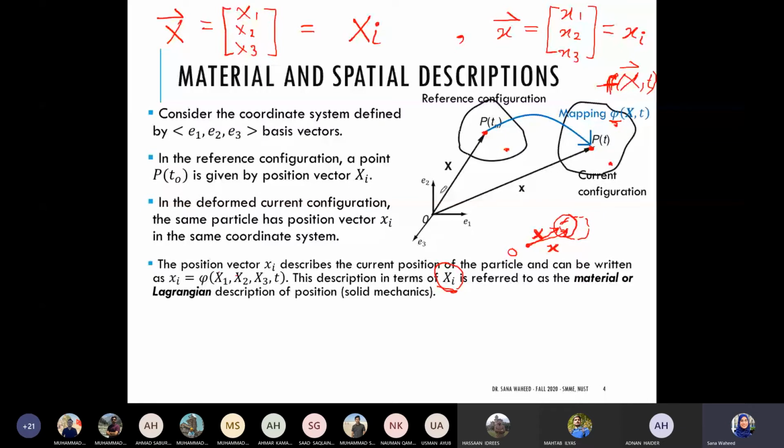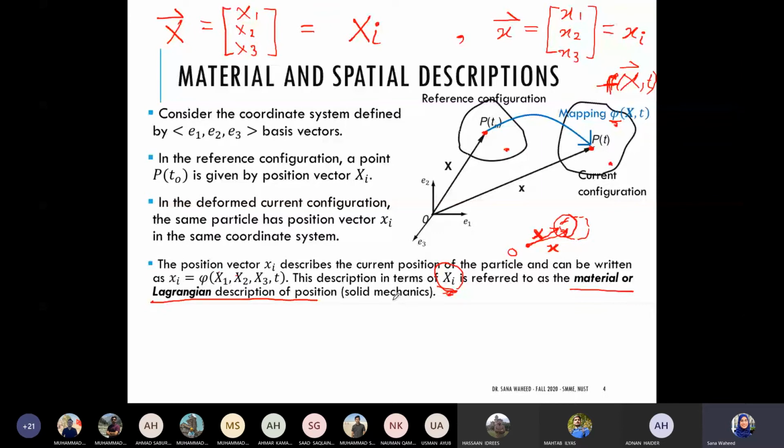I use my reference configuration to sort of describe those particles or to describe their positions at a new time t or their temperature at a new time t and so on, then I'm using the material or Lagrangian description. And why this is important is because this description is most commonly used in solid mechanics.